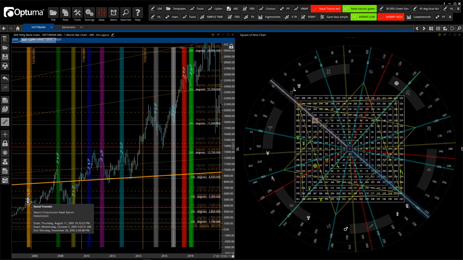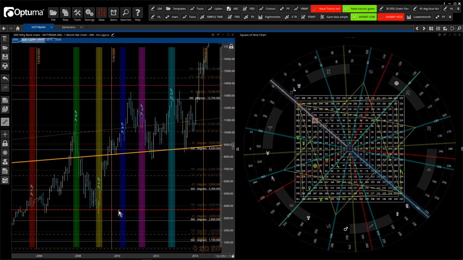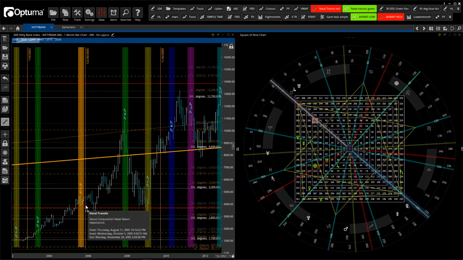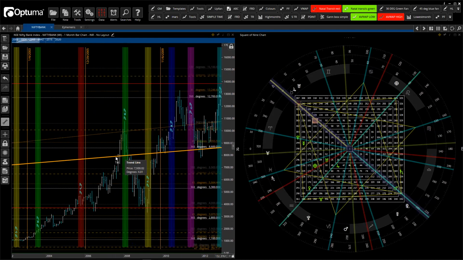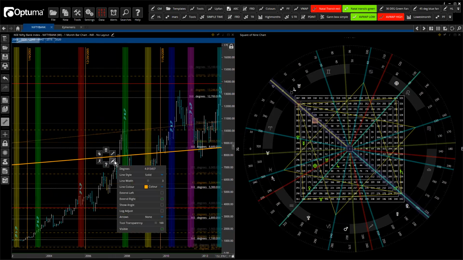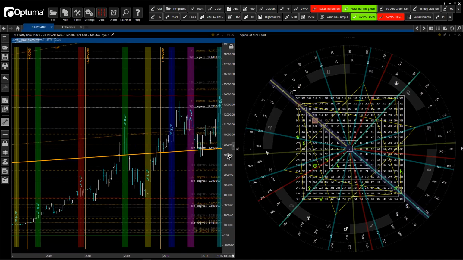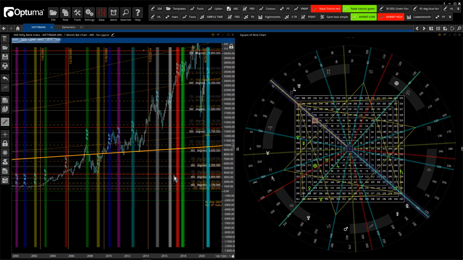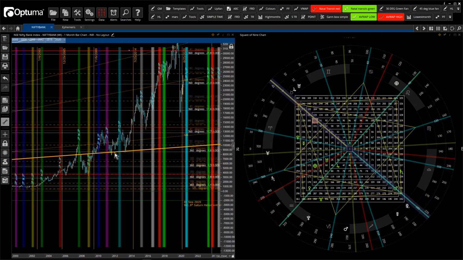So this is the day that heliocentric Saturn hits its original position. We see a movement upwards, and also technically we see a movement here towards the position of, well, this is, remember, the fan that we're looking at here, but this is the 10 by 1 of that larger geometry. So that's okay, we're looking at big geometry right now.